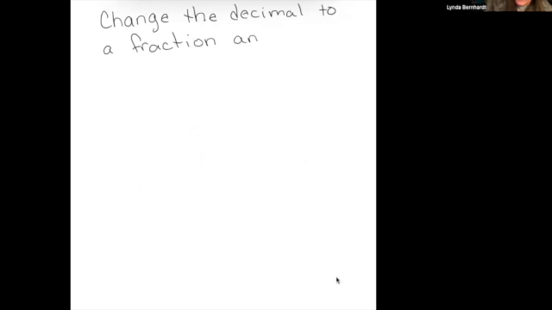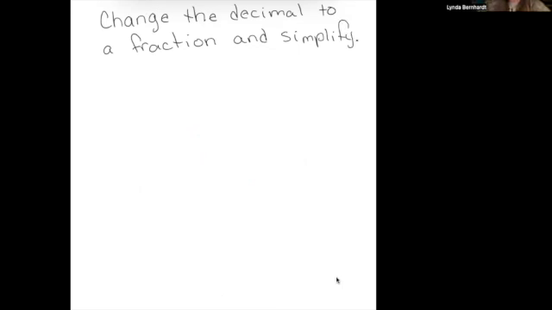All right. Now we have change the decimal to a fraction and simplify.